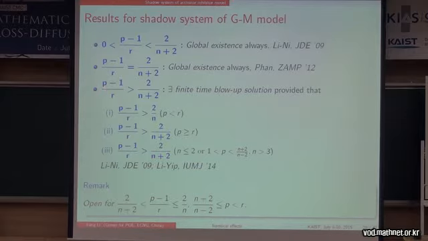While when (p-1)/r is bigger than 2/(n+2), under some additional conditions, we can show there exist finite-time blow-up solutions. There's still some regime open so far, but under certain conditions we can reach this critical value 2/(n+2). So when it's bigger than 2/(n+2), under suitable choices of initial values, the solution does blow up in finite time.